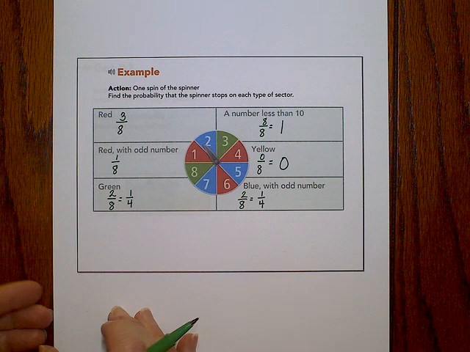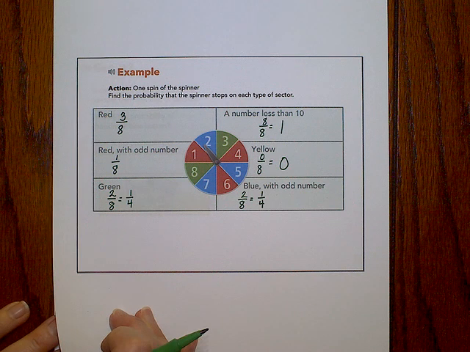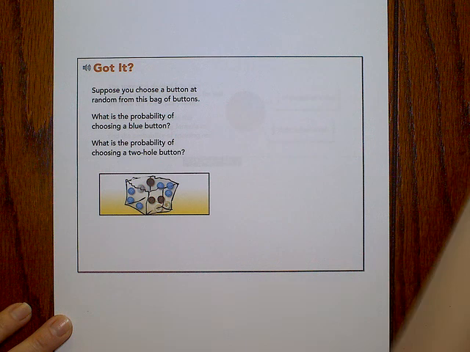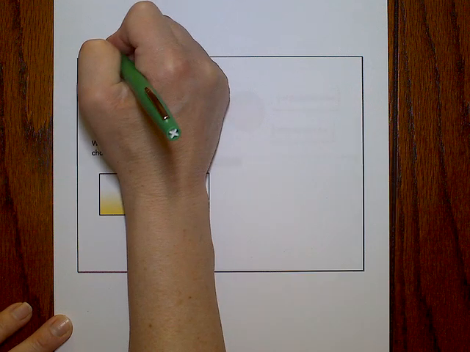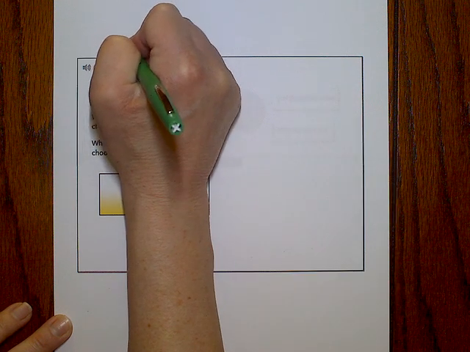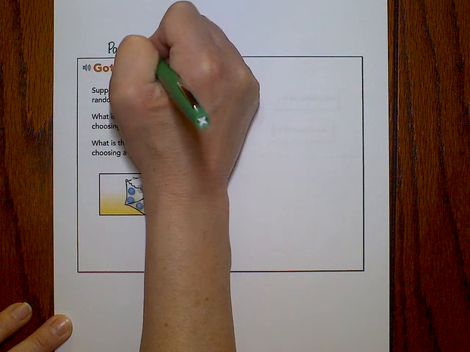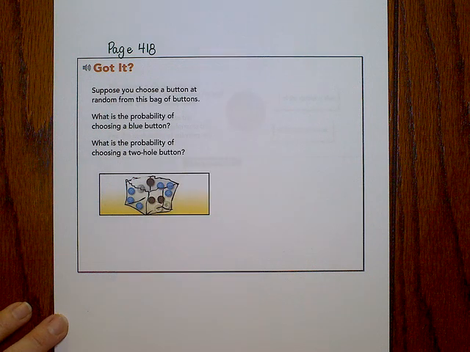Okay. So now we are on page 418 in your math book. And I'm going to tell you that your question in your book is different than what I have on my slide. And I'd like you to use my question instead of what you have in your book. So here I have a bag of buttons, and we want to go ahead and find the probability of choosing a certain type of button.